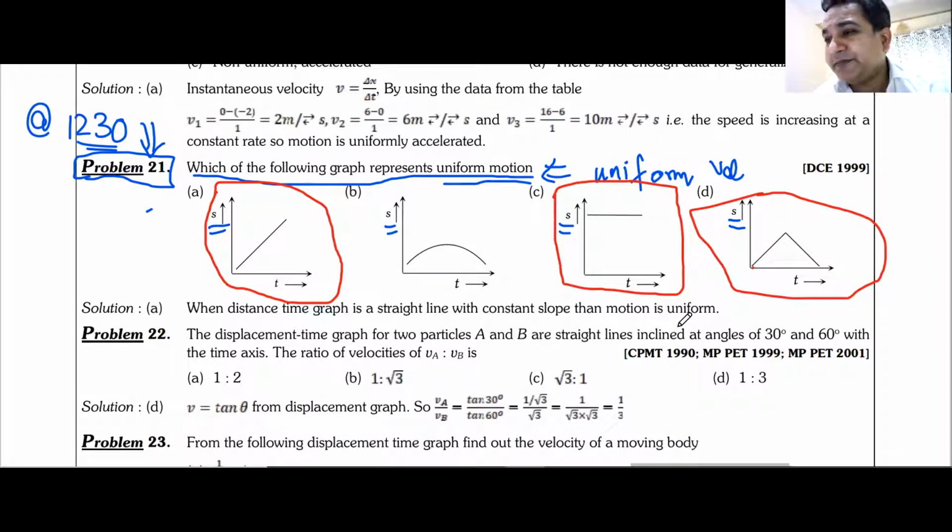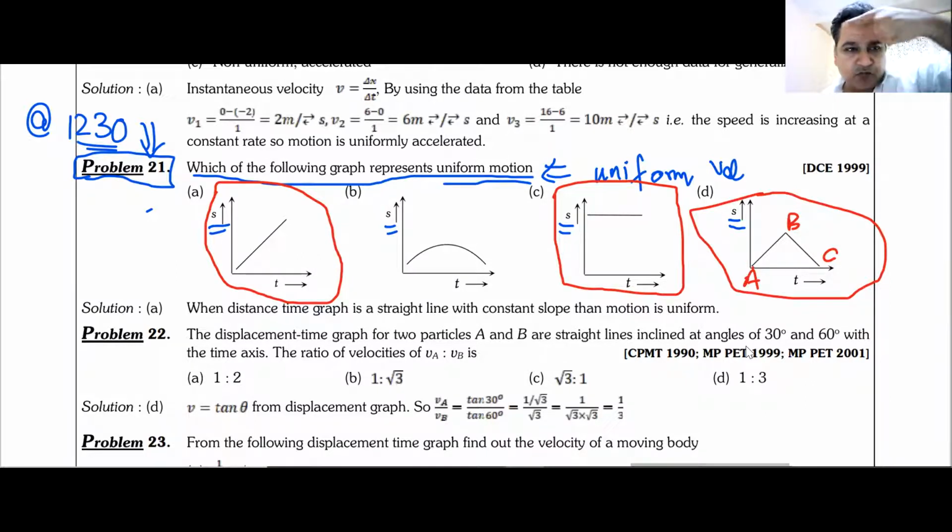Yes, Abhiram, tell me. Sir, I think it would be like moving till some time and then it will stop, it will stay in the same position. Okay, beta, you are partly right. If I call this point as A, this point as B, and the third point as C, from A to B, the slope is positive.